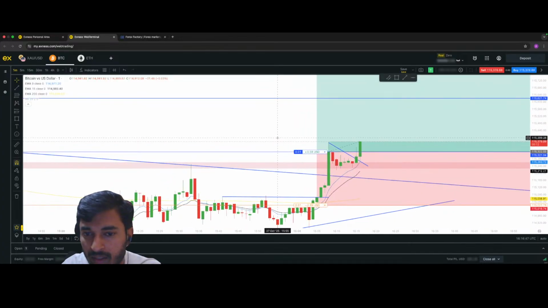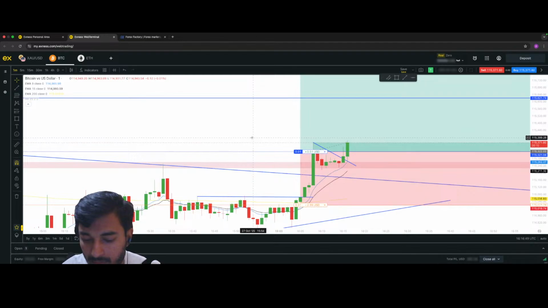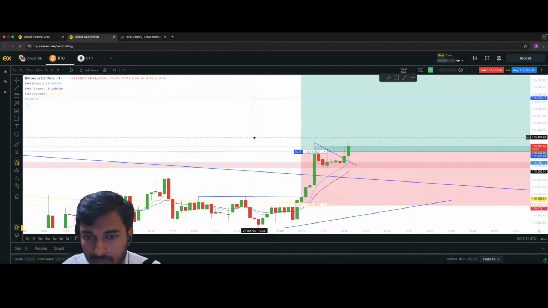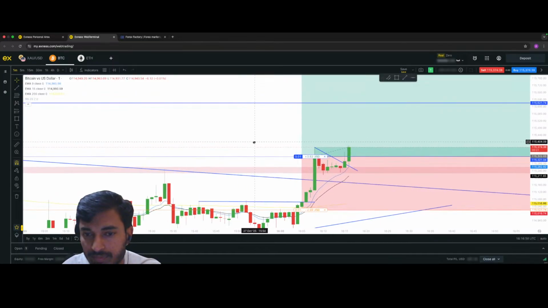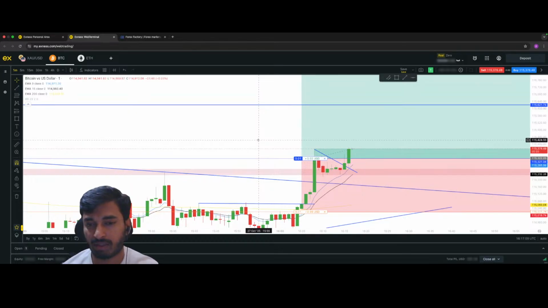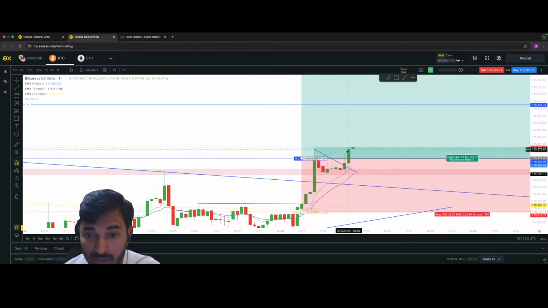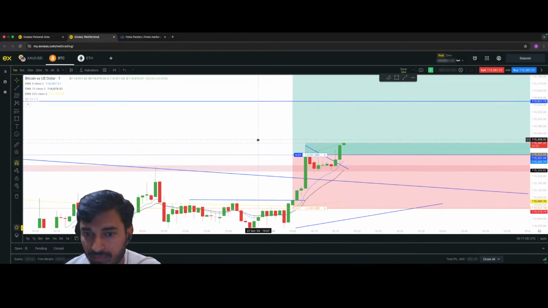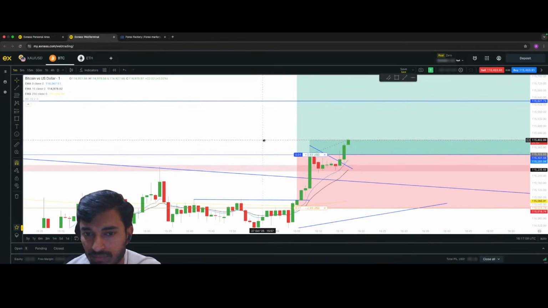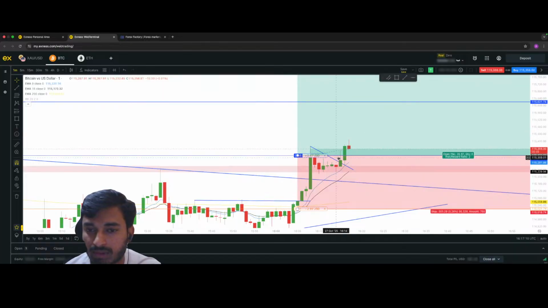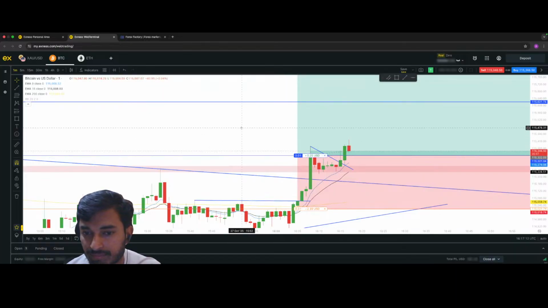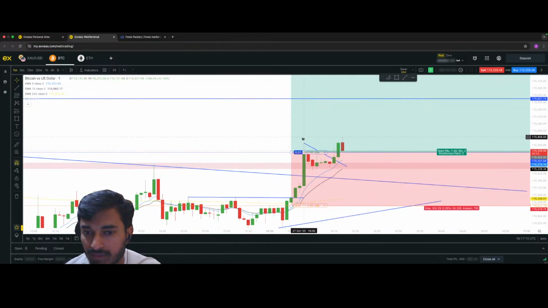Yeah, it has given a breakout. So it has given a massive breakout. It can also be a fake out, so it can come down also. See, so much volatility. This is showing a breakout and it can come down also.